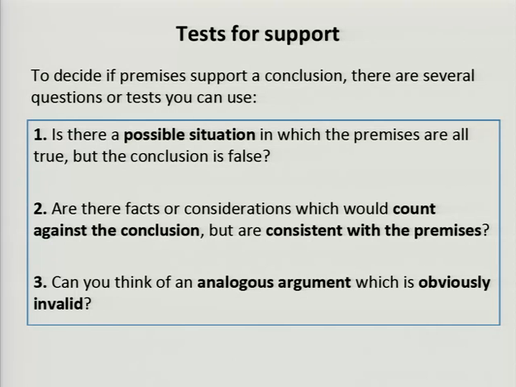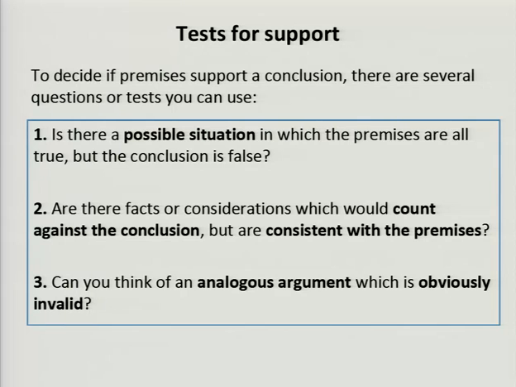And finally, can you construct an analogous argument that is obviously invalid? So what you would be doing here is abstracting from the content of the argument that you do have, and presenting one that had exactly the same structure, but was obviously invalid. And if you can do this, this is an indication that the first one is invalid as well.